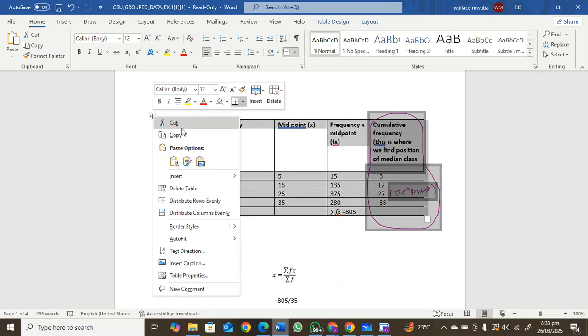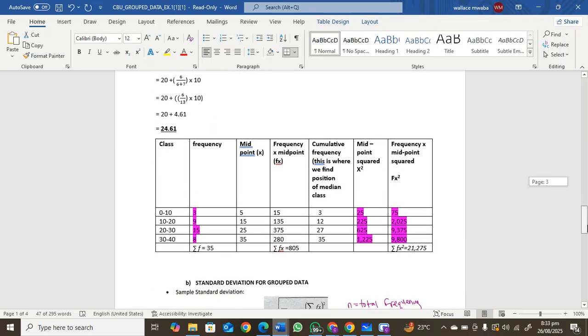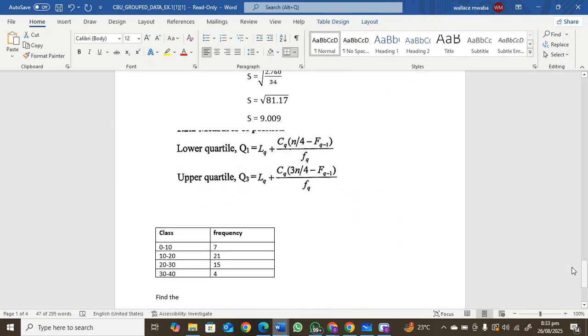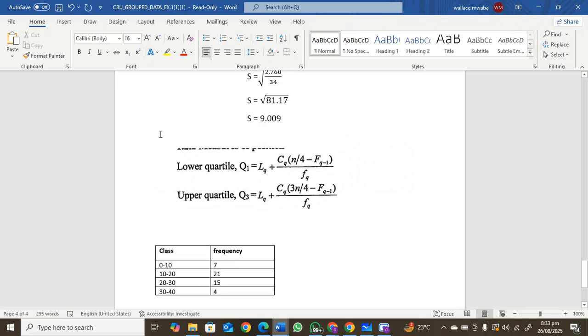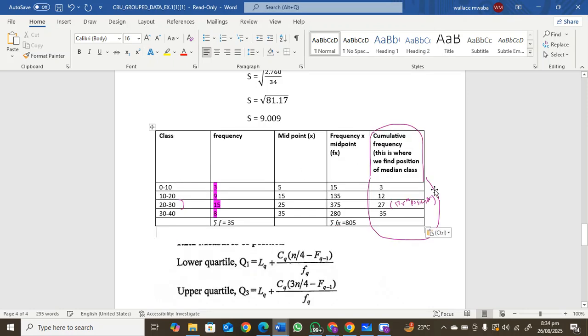Let me just get this table here and bring it here. So we need to find the lower and upper quartile for these classes.